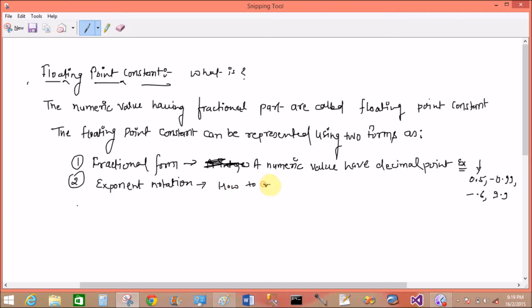Exponent notation. How to represent floating point numbers in scientific notation, or you can say mantissa form.